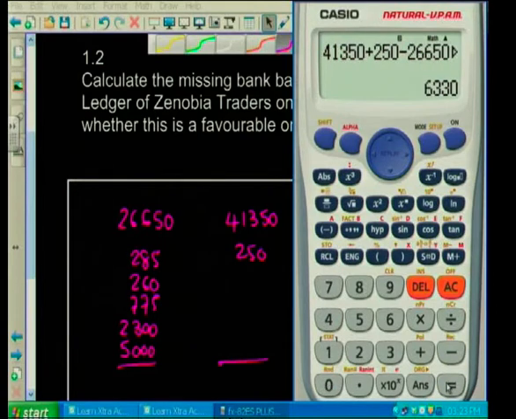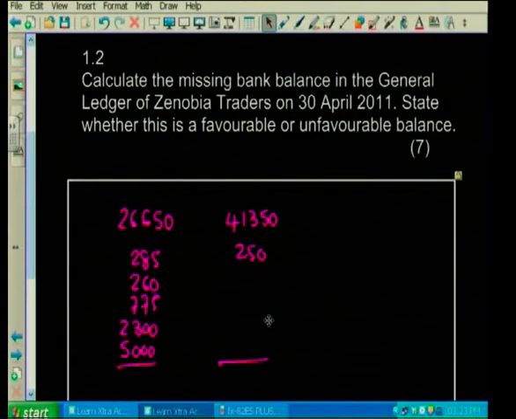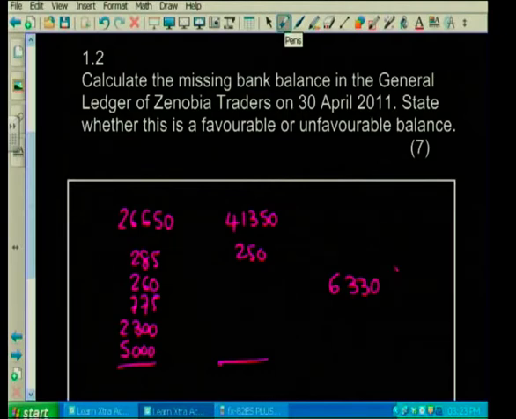And my answer is 6,330. That's the missing figure. Now, what is that balance? That is the missing bank balance that I have calculated. And notice that this side is greater, which is my credit side.